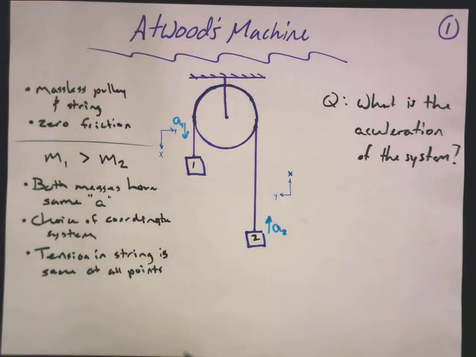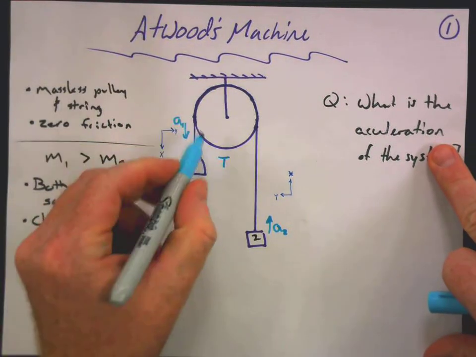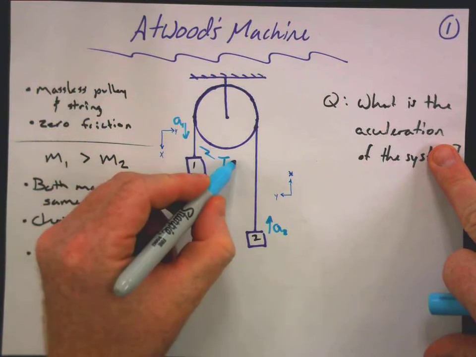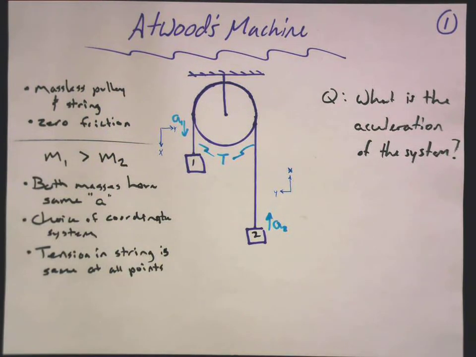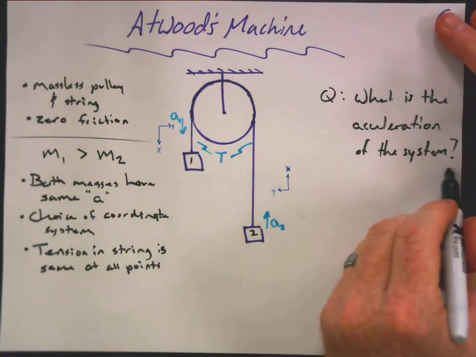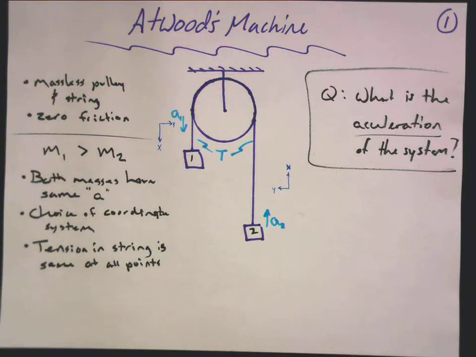All right. And there will be tension in the string, so I'll just label T is the same there and there. Okay. This is what we're solving. The acceleration is our goal.